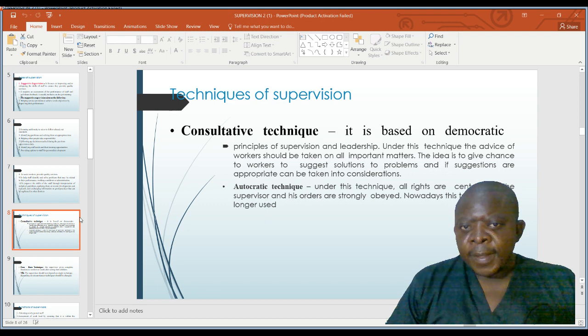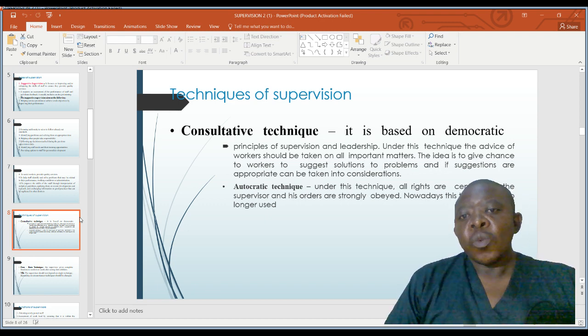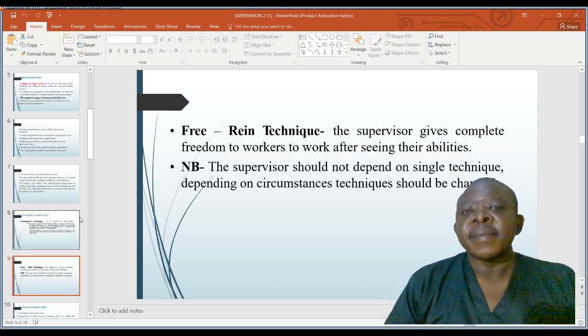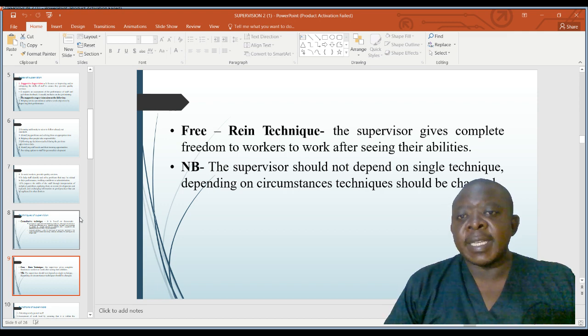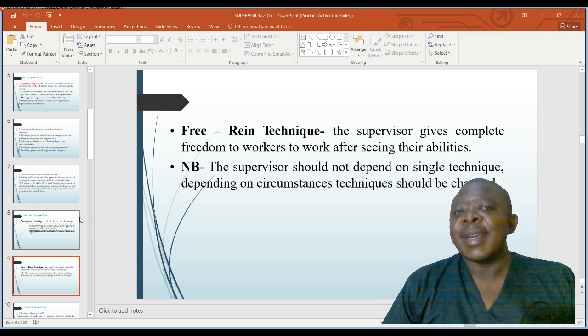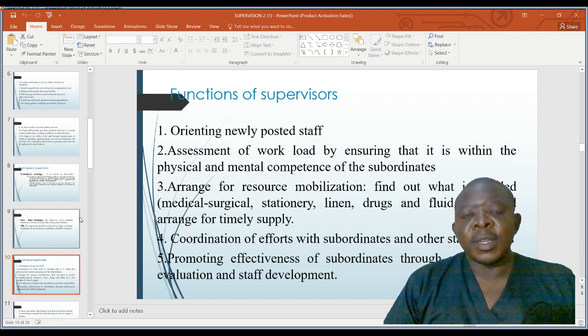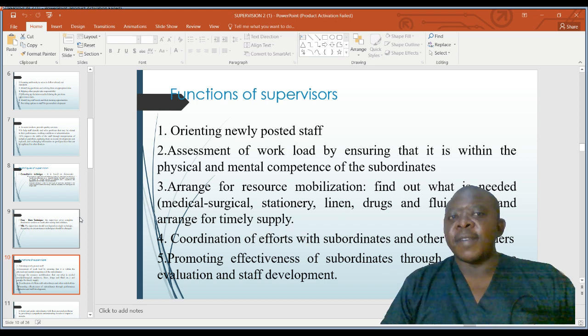Then autocratic, it's like you're using autocratic type of leadership, where the leader is strongly obeyed and the center of decision making. Freelance, this we are saying it gives complete freedom to workers, especially if you are dealing with experts. Now let us look at functions of supervisors.